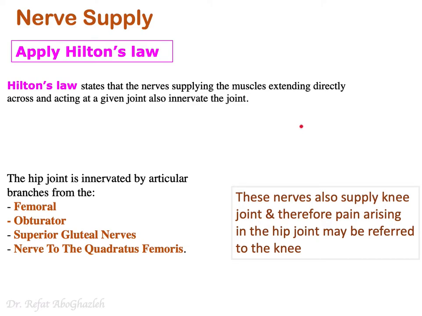For example, in the hip joint, you have to remember the muscles acting around it, and in this case you have the femoral nerve mainly, also the obturator nerve, plus the superior gluteal nerve and the nerve to quadratus femoris muscle. So these nerves innervate the hip joint, but mainly the femoral and the obturator also give innervation to the knee joint inferiorly.